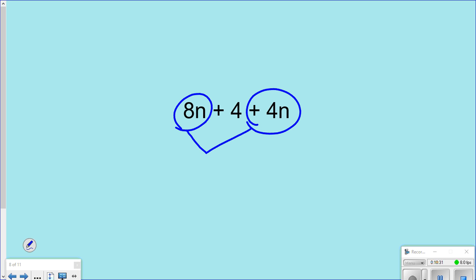So how many n's do I have up here then? Aiden, you can go ahead. You bet. 12 n's. So do I have any other things that I can put together? What do I have left over then? I have plus 4. So he would just kind of tag along at the end, plus 4. He doesn't get to combine with anything else, there are no other constants to add him to, so he's by himself.